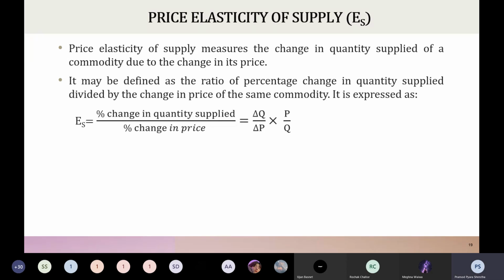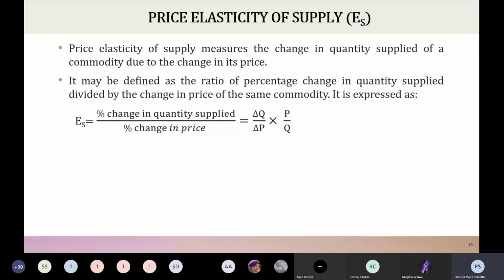That's why our formula becomes like this. ES, here ES stands for elasticity of supply. So ES is equal to percentage change in quantity supplied divided by percentage change in price.